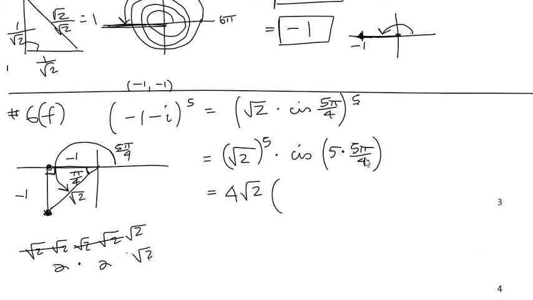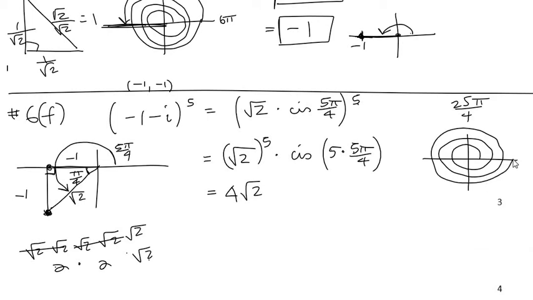And what's this angle? 5 times 5pi/4. Better work on that angle a little bit. That's 25pi/4. And let's see if we can find something that's coterminal with it. If we make a whole rotation, that's 8pi/4. And another whole rotation will be 16pi/4. And so if we make a third whole rotation, that's 24pi/4.